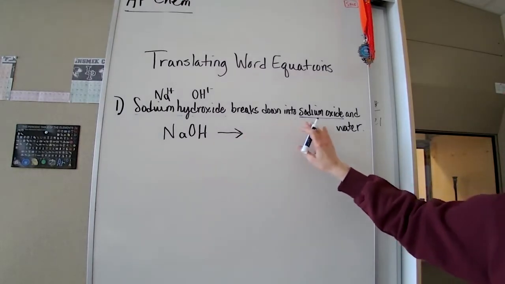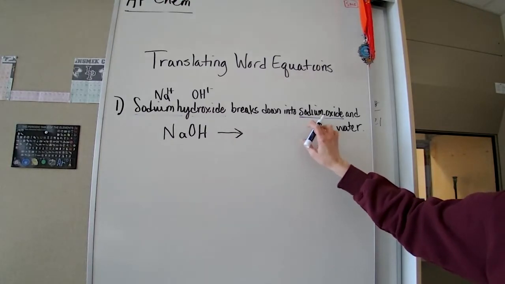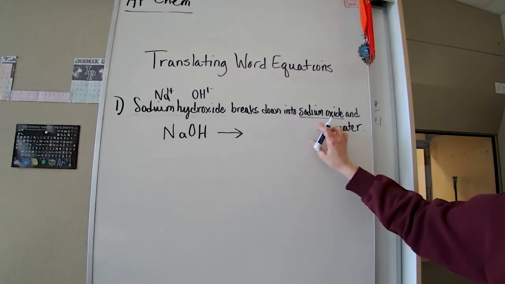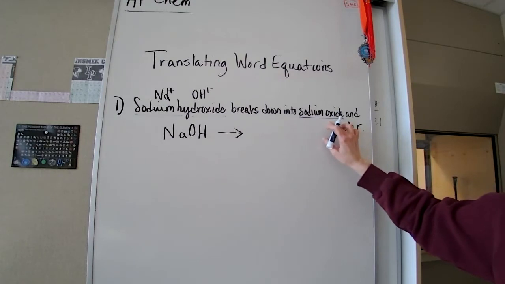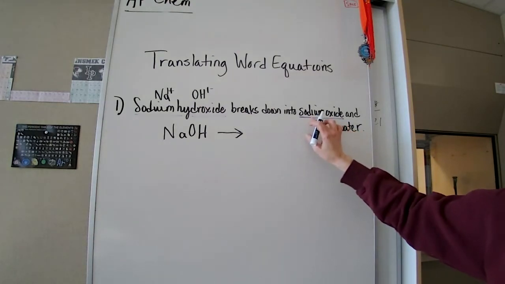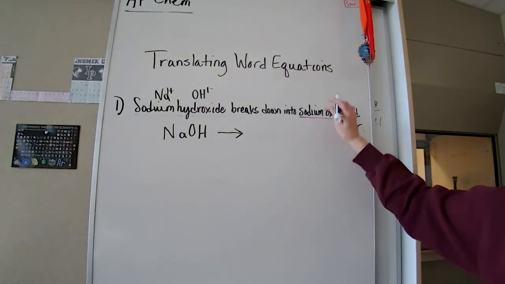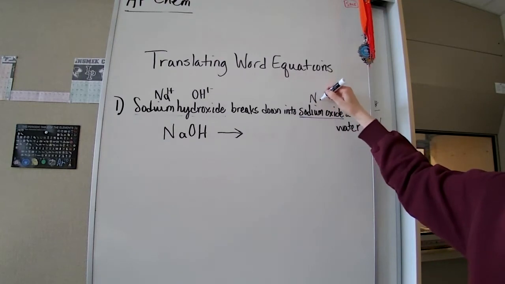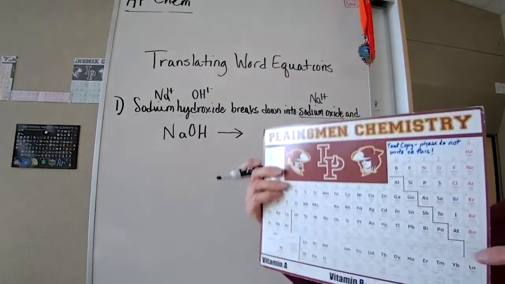Now let's look at the information on our product side. This sodium oxide is shown as an ionic substance by the color that you color-coded it. So let's go ahead and use our cation anion information. Sodium, we know, is Na1+. If we're looking for oxide, oxide is oxygen's anion form.